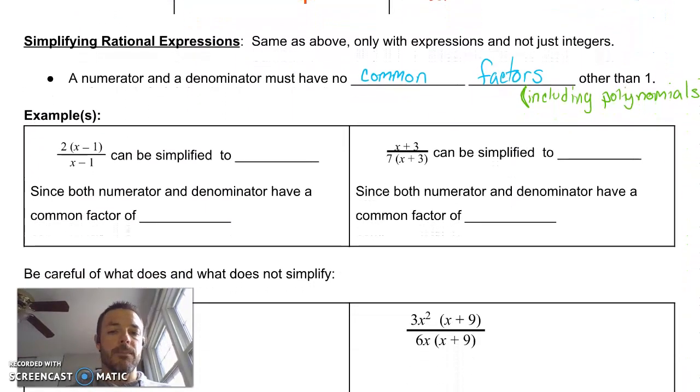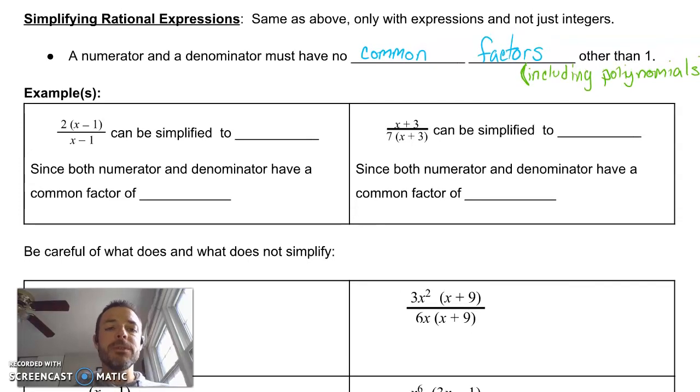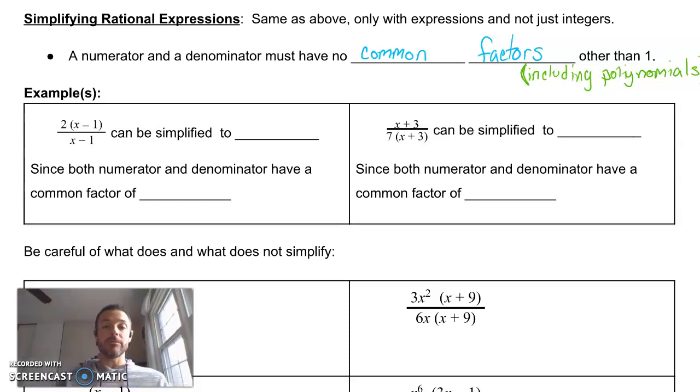And here is why. When we're simplifying rational expressions, it's the same as simplifying fractions that are all numerical, except we have these polynomials now. And the concept states that your numerator and denominator must have no common factors other than 1. Just like simplifying fractions.